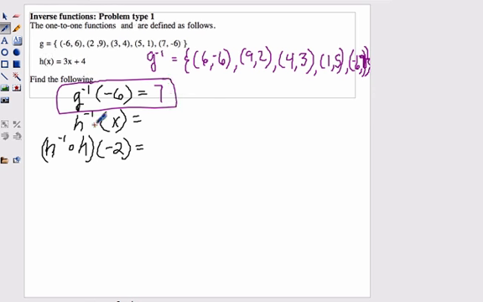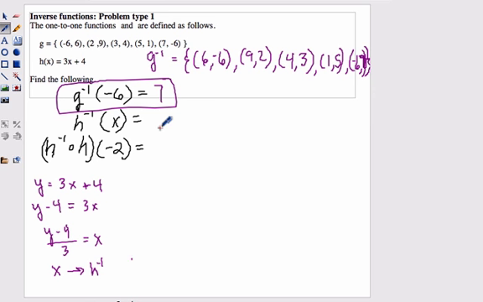Okay, to find the inverse of h of x, I replace the h of x with a y, and I solve this for x. So I subtract 4, and I divide both sides by 3. Instead of writing x equals, I'm going to replace x with the inverse of h.